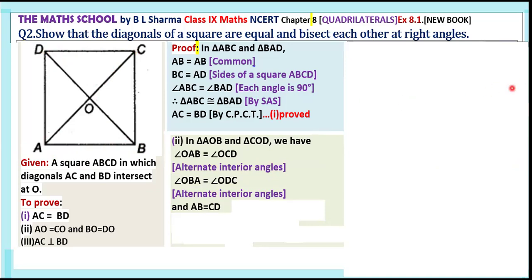So we can say here that this angle is equal to this angle, this angle is equal to this angle, and this side is equal to this side. That is why the two triangles are congruent, meaning triangle AOB is congruent to triangle COD.